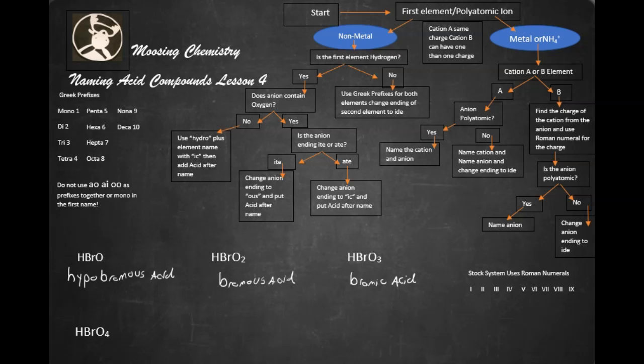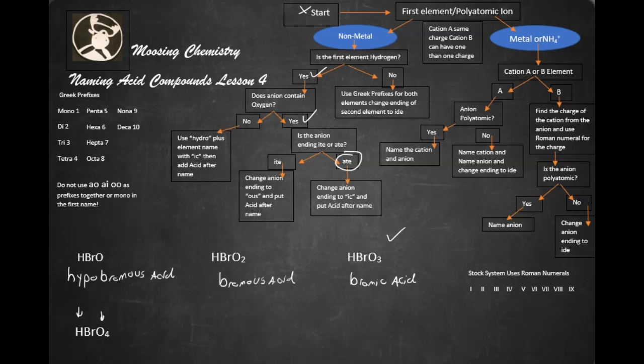So we're going to start here. First element, is it hydrogen? You bet it is, because there's the hydrogen. Does the anion contain oxygen? It sure does, because there it is, right? So we know this is an upper form, so it's going to be an ATE. So that's going to be bromic, but you can't call this bromic acid because the previous one was bromic acid.